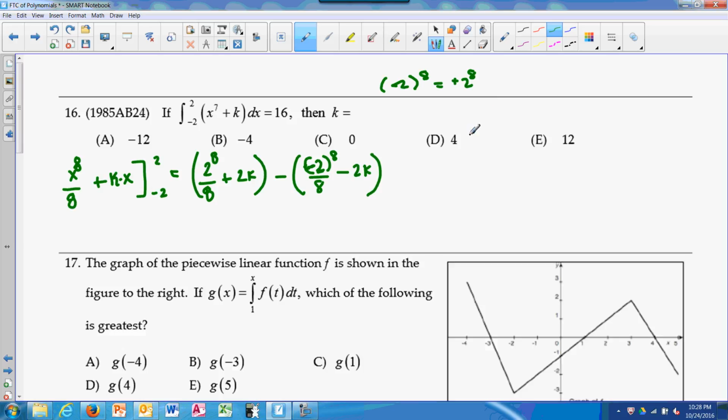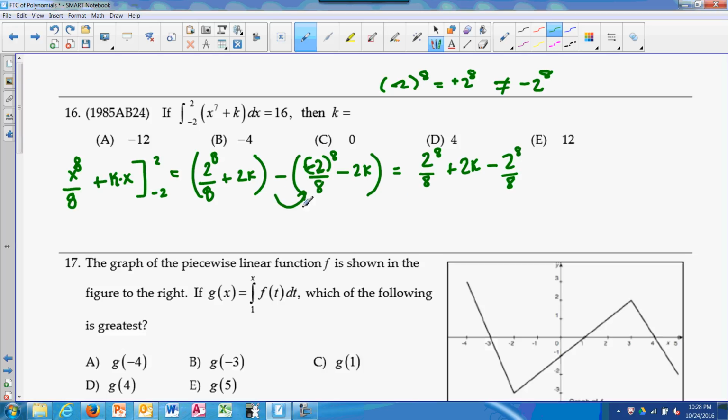It is not the same as negative 2 to the 8th. So what that means for us is that I end up with a positive 2 to the 8th over 8 plus 2k minus, now this term becomes positive 2 to the 8th over 8.